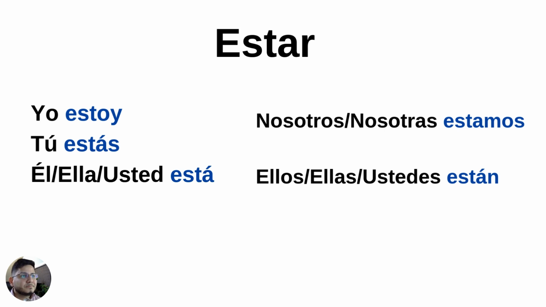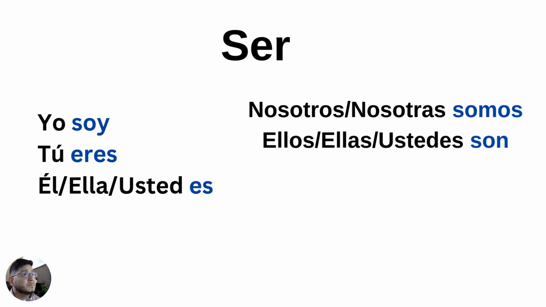And then ser. When it comes to ser, well, it's irregular. You can tell because it doesn't have the endings of ER verbs. There's something weird going on with the tú pronoun. It doesn't even start with an S. So it changes completely, but it keeps the S for yo, nosotros, ellos, ustedes, ellas, and so on.